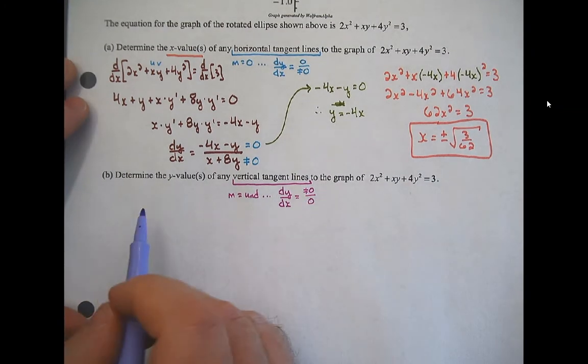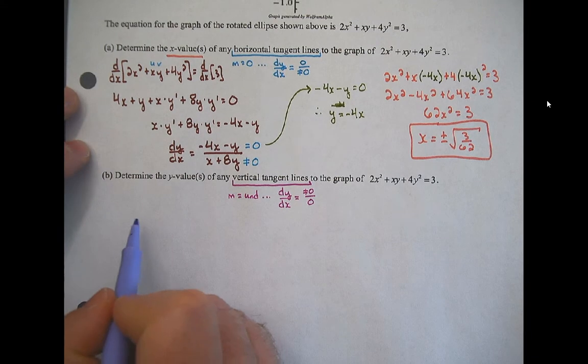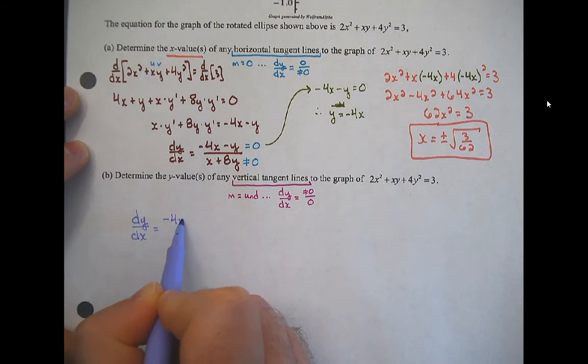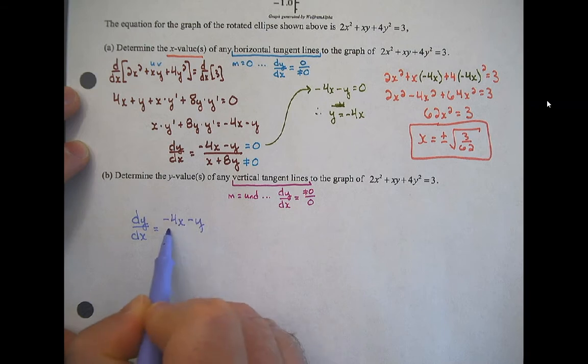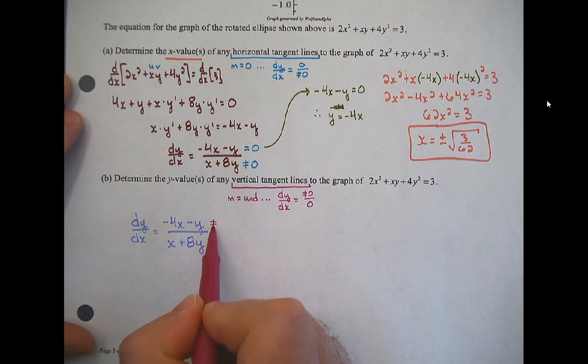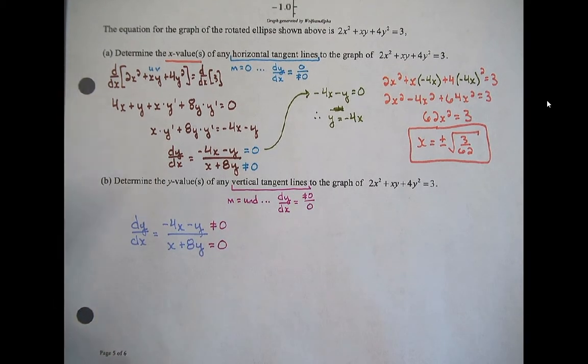All right, we've already done our derivative, so we can cut to the chase there. We already know that dy/dx is equal to negative 4x minus y over x plus 8y. This time, I want this to not equal 0, and I want the bottom to equal 0.